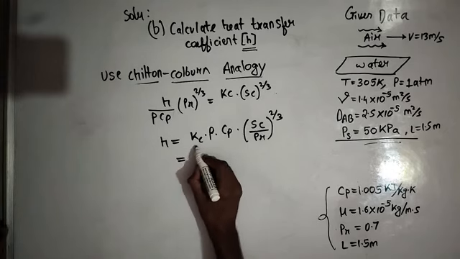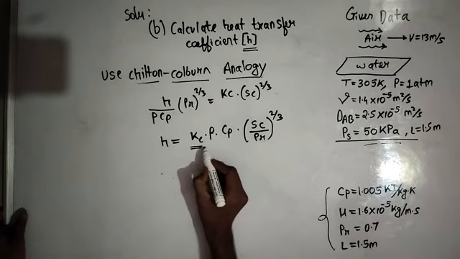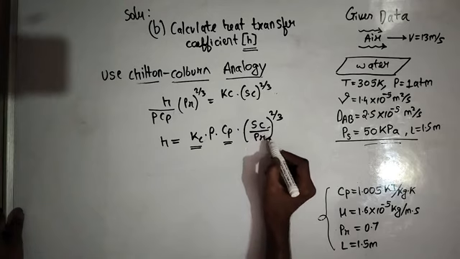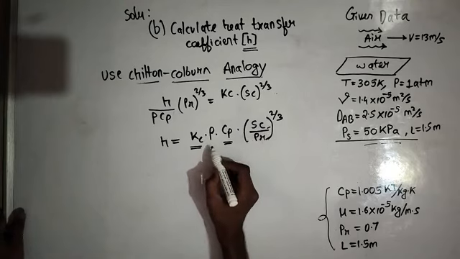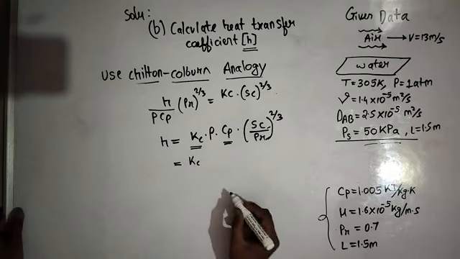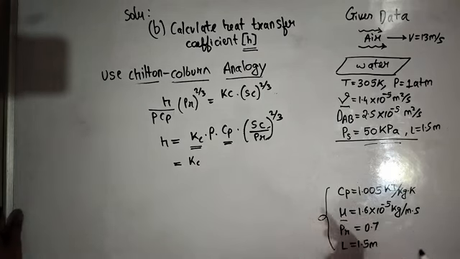So we have to substitute the values. Here we have calculated Kc, Cp, we have the Schmidt number, Prandtl number, but we don't have density. But we have been given the kinematic viscosity and viscosity.